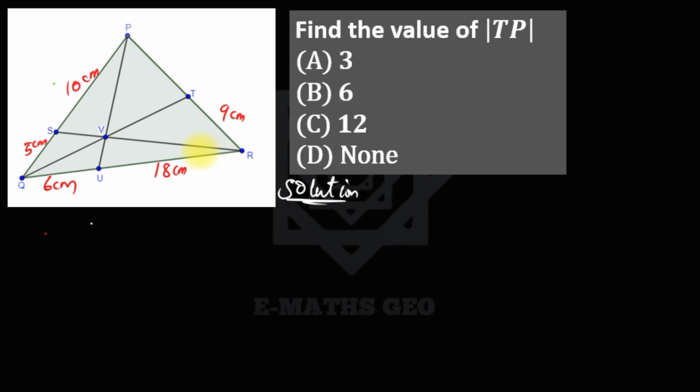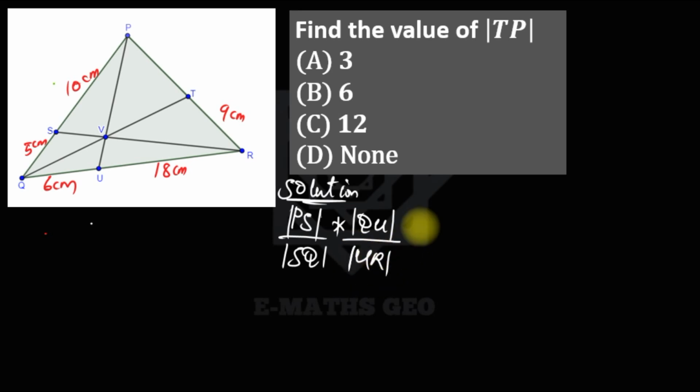It states that if you have a triangle like this, then the product of the ratios of the segments is equal to 1: PX over XQ times QU over UR times RT over TP is equal to 1.